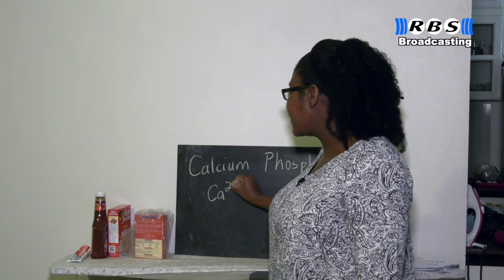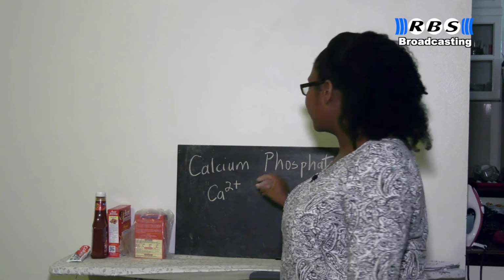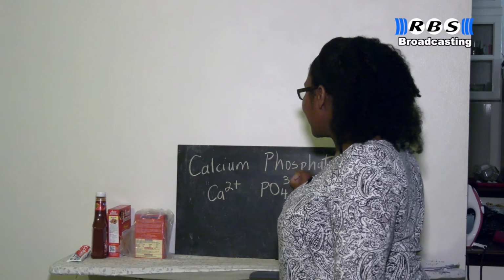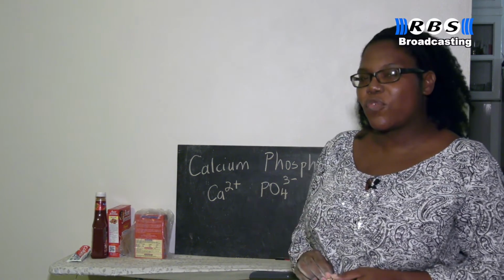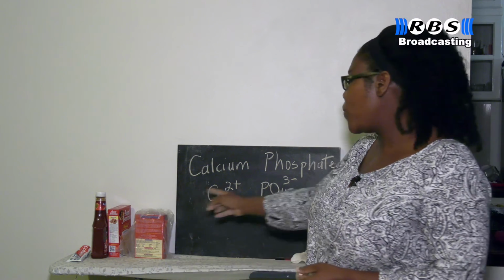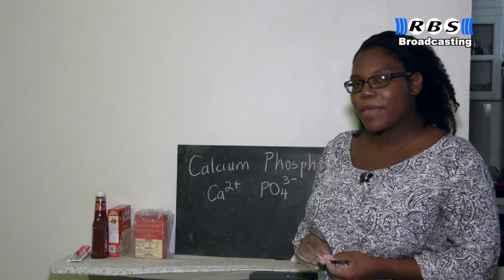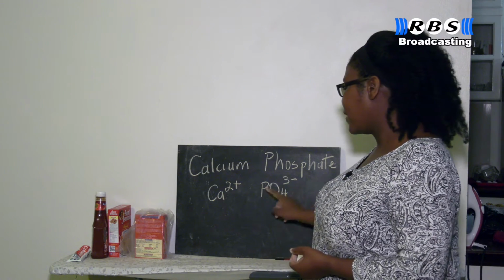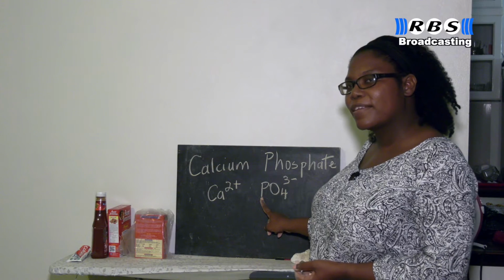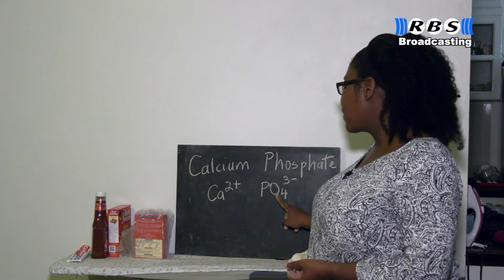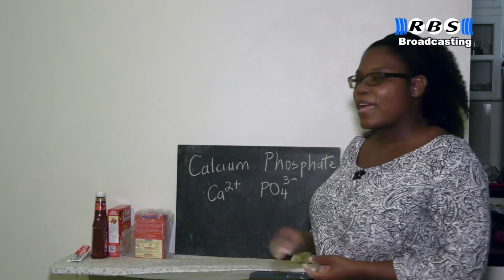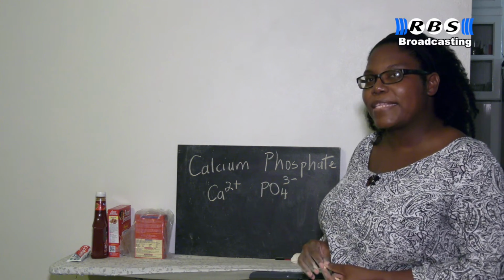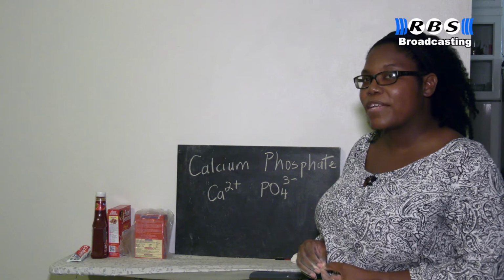Calcium again is Ca2+, and the phosphate ion is PO4 3-. Which one of these is the polyatomic ion? The phosphate. It's made up of 1 phosphorus and 4 oxygen atoms, and together they exist as one entity with a 3- charge.